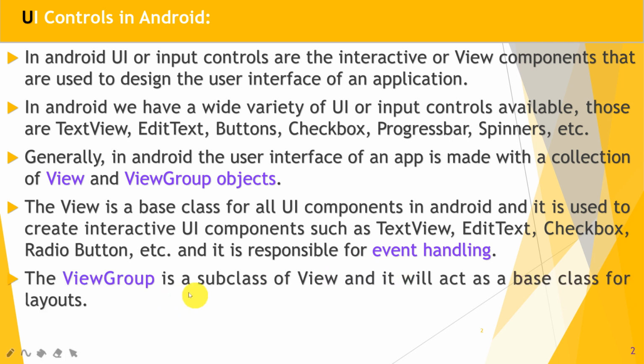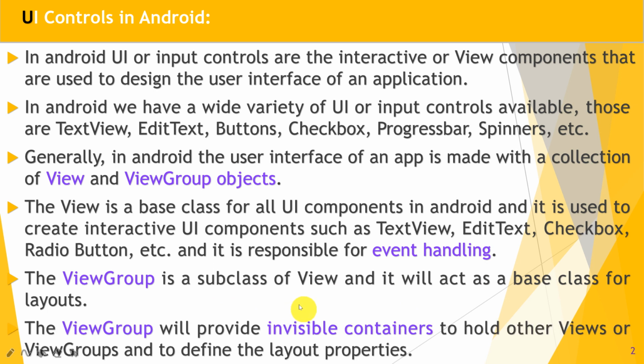ViewGroup is a subclass of the view class, and it acts as a base class for layouts. While studying layout managers, we have already seen the ViewGroup class. Great. So ViewGroup provides invisible containers to hold other views or view groups and to define the layout properties.